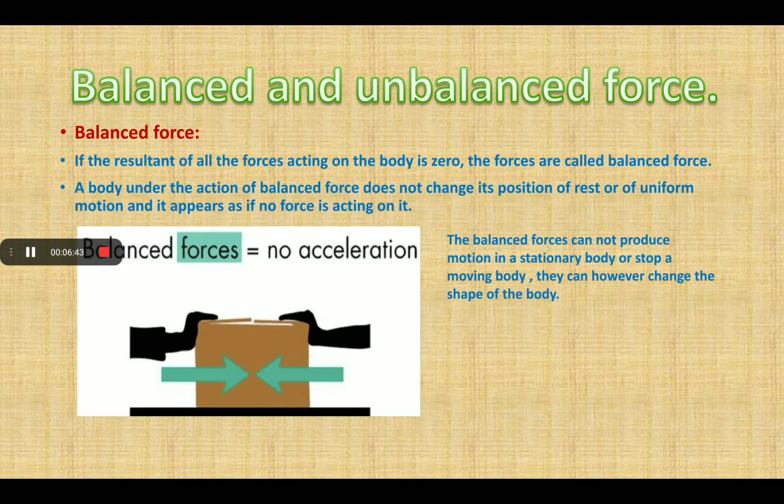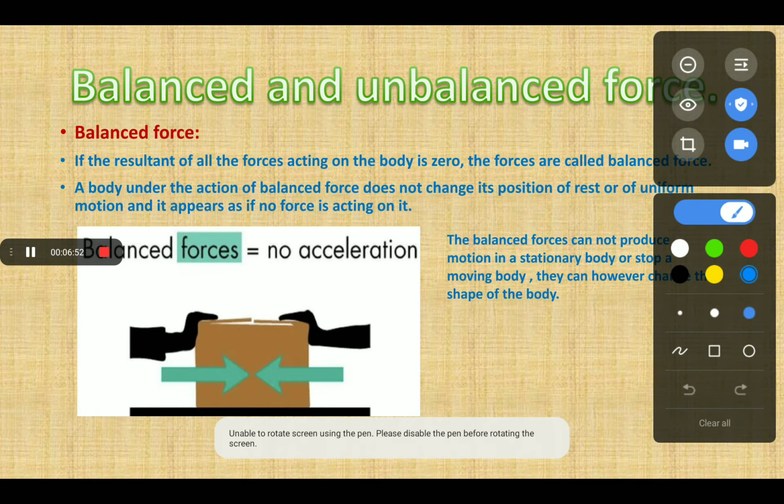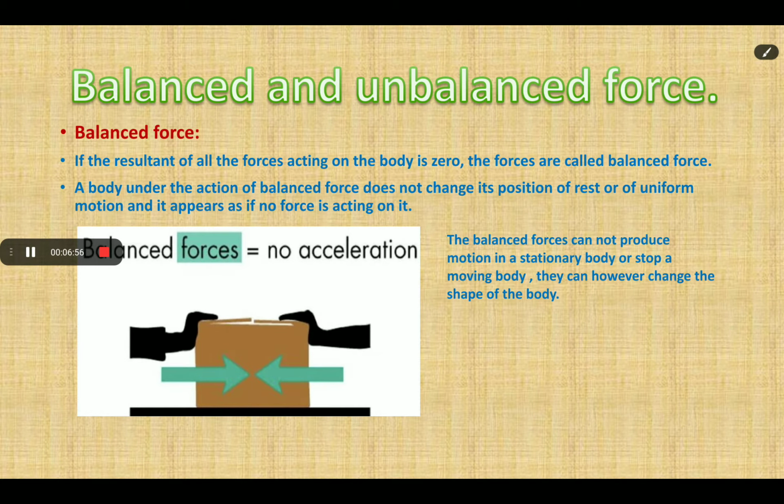Now, in the next slide, here are the balanced force and unbalanced force. First is the balanced force. If the resultant of all the forces acting on the body is 0, then the forces are called balanced force.